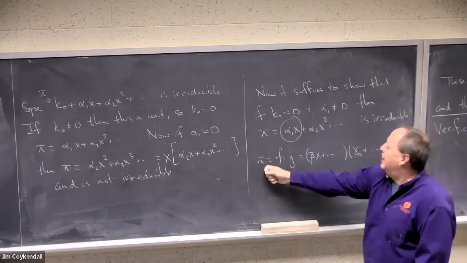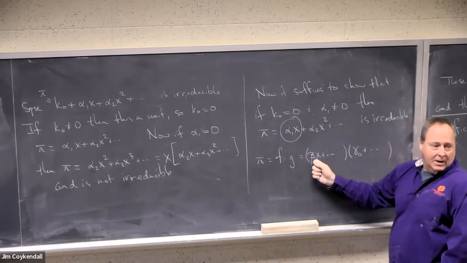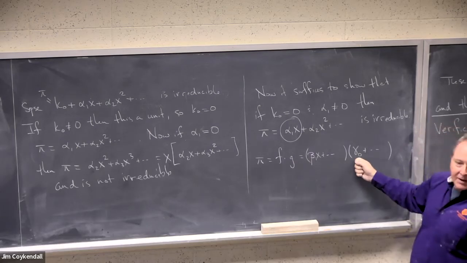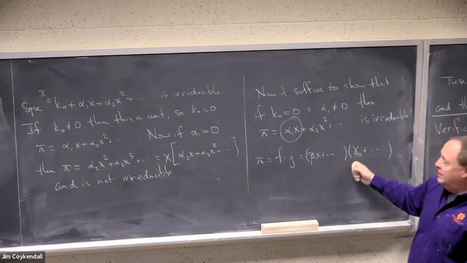If you factor pi into smaller things, then one of them has to have least degree term one, which is no problem, but that forces the other one to have least degree term zero, which must be a unit.